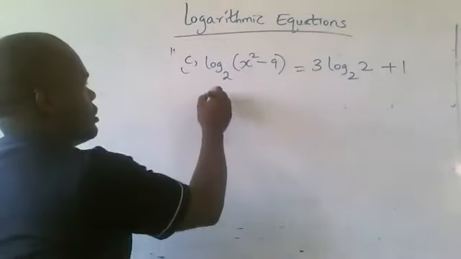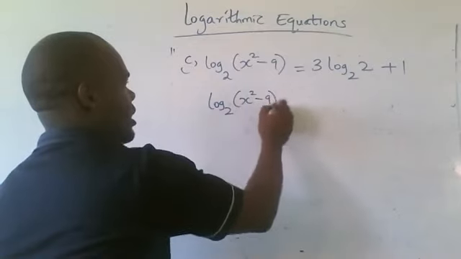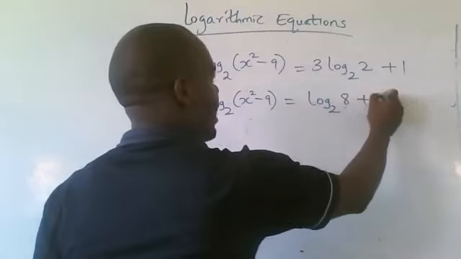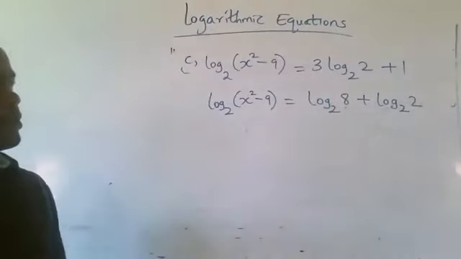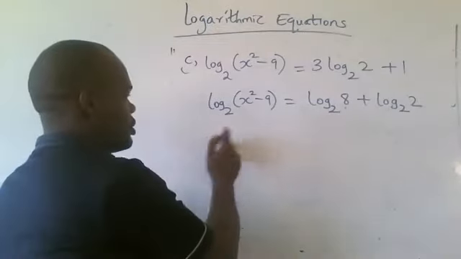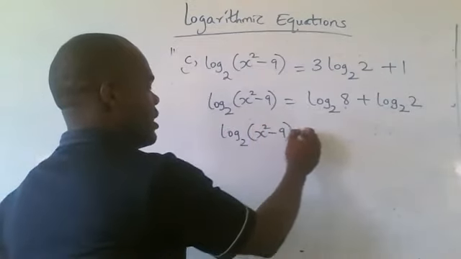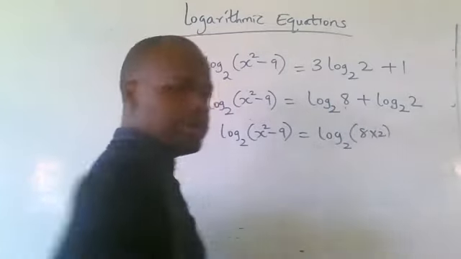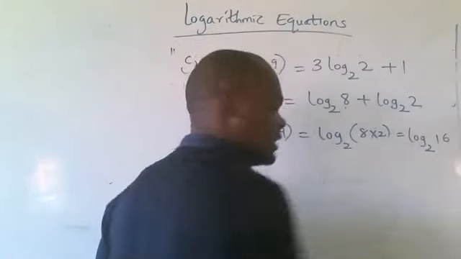So this is log to base 2 of x squared minus 9 is equal to log to base 2 of 8 plus log to base 2 of 2. Log to base 2 of 2 is 1. So this is log to base 2 of x squared minus 9 is equal to log to base 2 of 8 times 2, which is log to base 2 of 16.